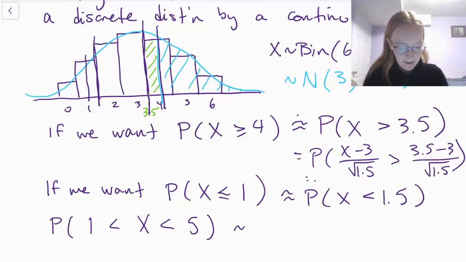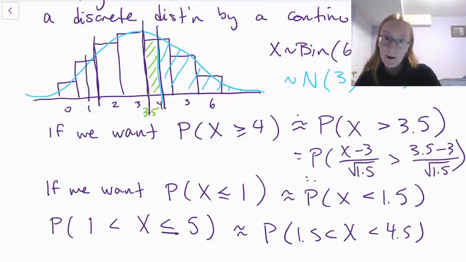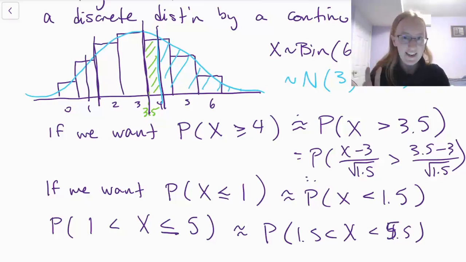This would be the probability of x going... So if we want to exclude the 1 bar, we would go from 1.5. And if we want to exclude the 5 bar, we would go up to 4.5. But if we wanted to include the 5 bar, we would go up to 5.5. Right? That's the idea. If we want to include it, we go past it and include it. If we don't, we go the other way.